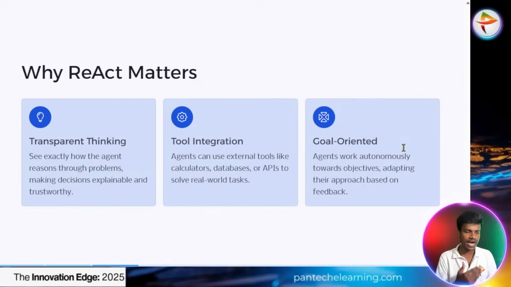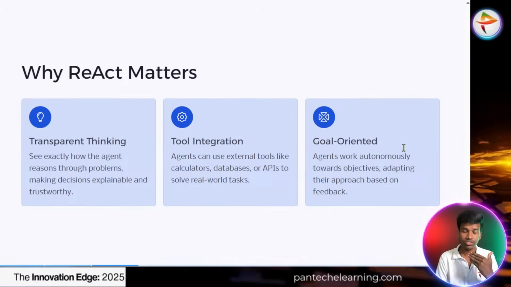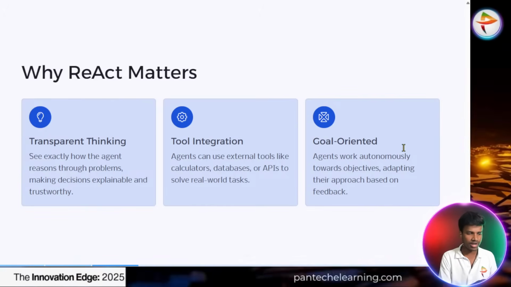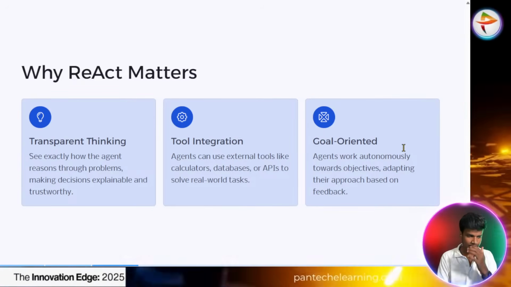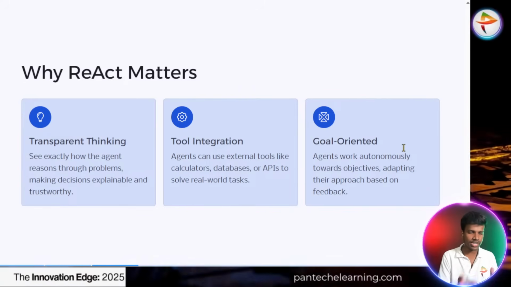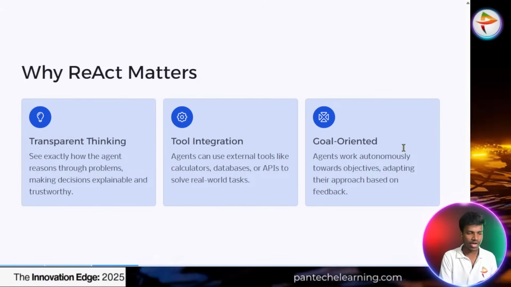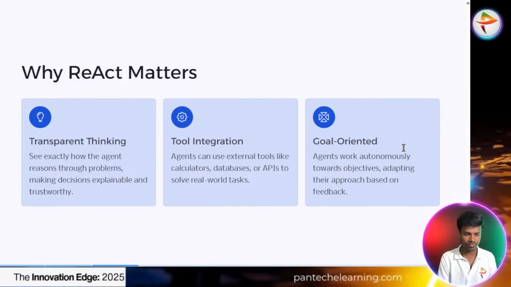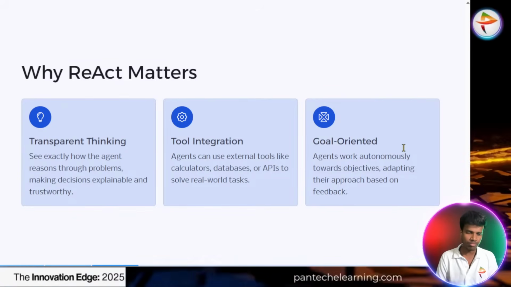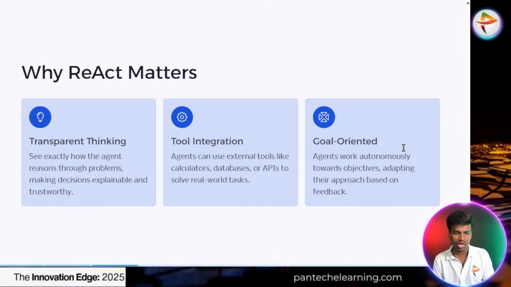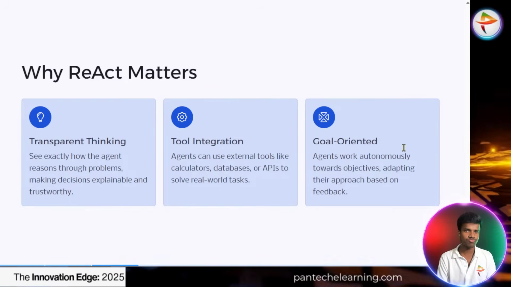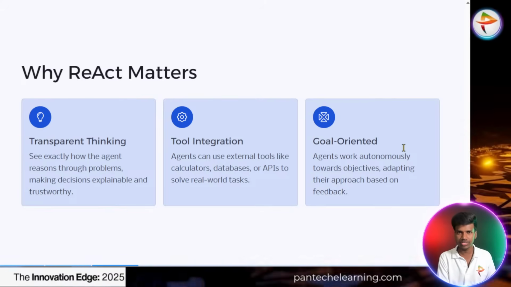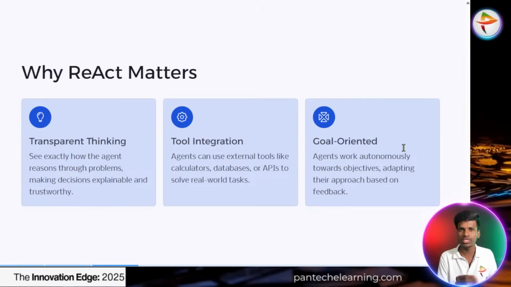And then why does React matter? Why is it important? Transparent thinking, tool integration, and goal orientation. Transparent thinking means you see exactly how the agent reasons through problems and makes decisions, making it explainable and trustworthy. Tool integration means the agent can use external tools like a calculator, database or APIs to solve real-world tasks. Just now we saw the example working on the APIs.